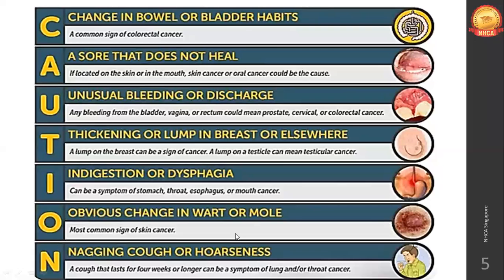The N stands for nagging cough or hoarseness, a cough that can last more than a month. Okay, but the cough does not come with fever. Okay, if there is a fever, weight loss, and you have a cough for more than 4 months, fever, severe weight loss, and there is blood in the sputum, what could it be? What disease could it be?